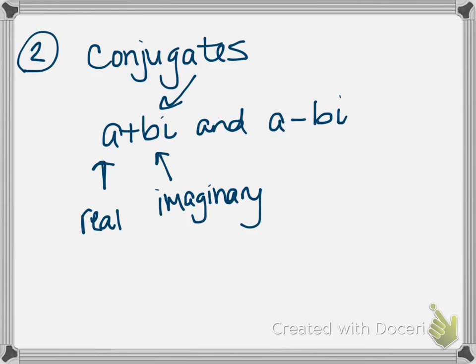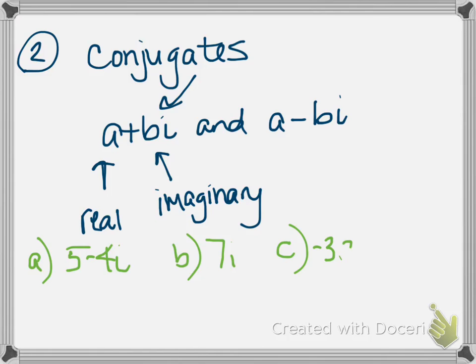Okay? So these guys here, for A, you have 5 minus 4i. For B, you have 7i. And for C, you have negative 3.25 plus 4.82i. So for your solutions, this would just be 5 plus 4i.